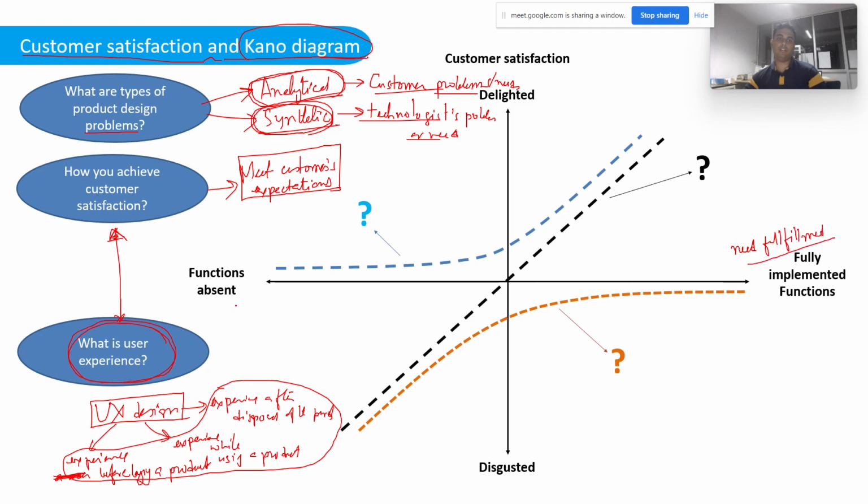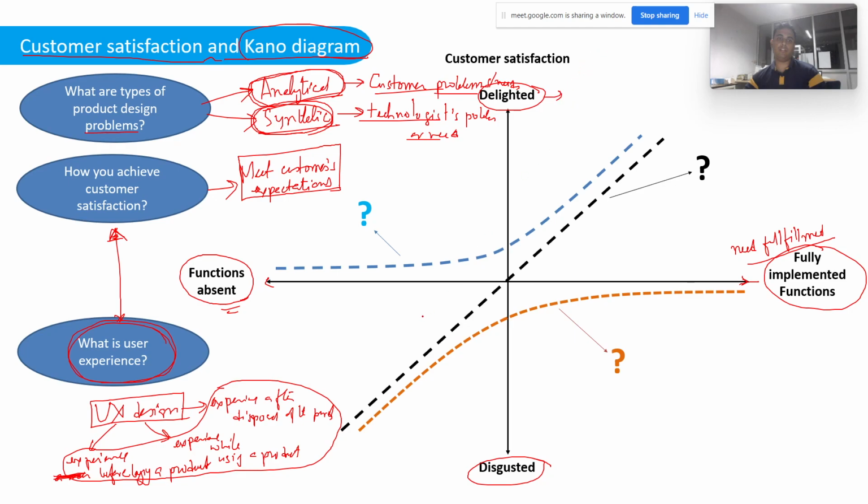That means on the extreme left you have no functions, so functions are absent, and on the extreme right we have fully implemented functions. Basically it satisfies all the customer needs. On the y-axis we have a disgusting experience, and on the top we have an extremely delighted experience.